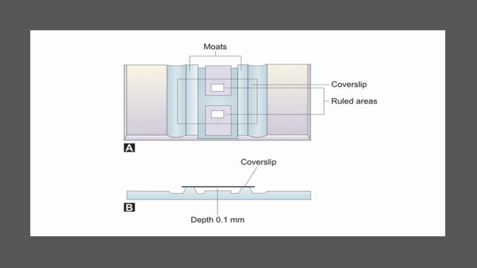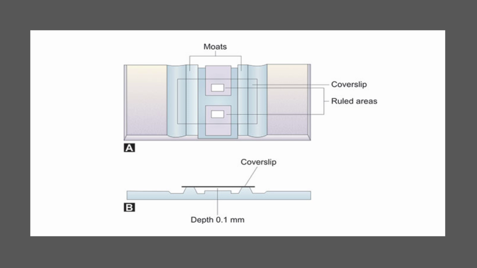How much depressed? By 1/10 millimeter from the lateral platforms, so that the undersurface of the cover slip lying above the central platform is exactly 1/10 millimeter above the upper surface of the central platform. So there is a gap or depth of 1/10 millimeter, that is, the depth is 0.1 millimeter.